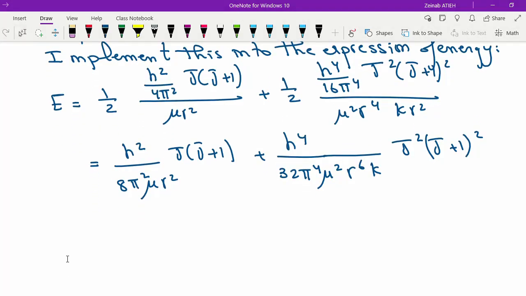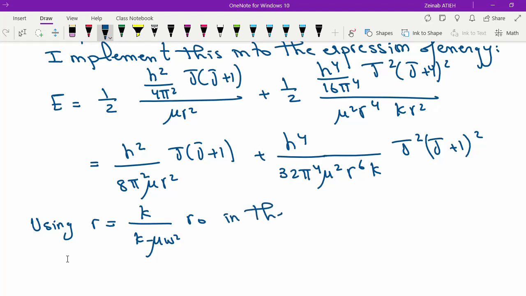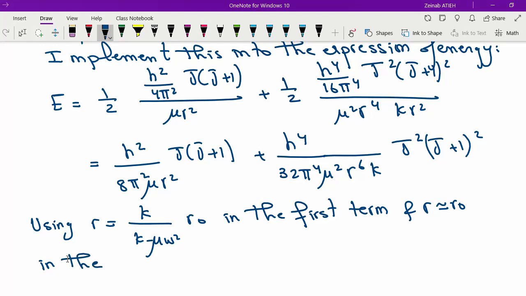So I will use this expression, R equals K over K minus mu omega squared R0 in the first term only. And R is approximately equal to R0 in the second term because it's smaller, a correction of a correction.